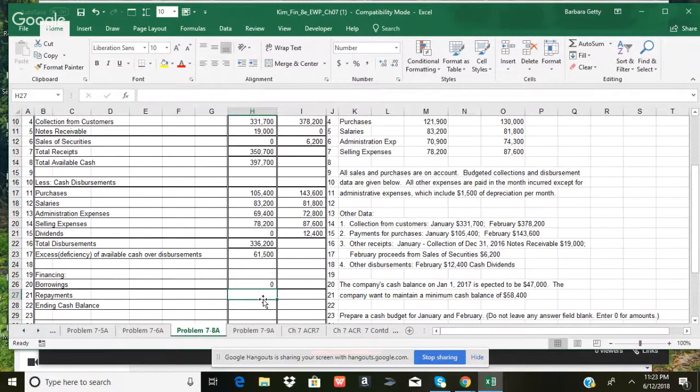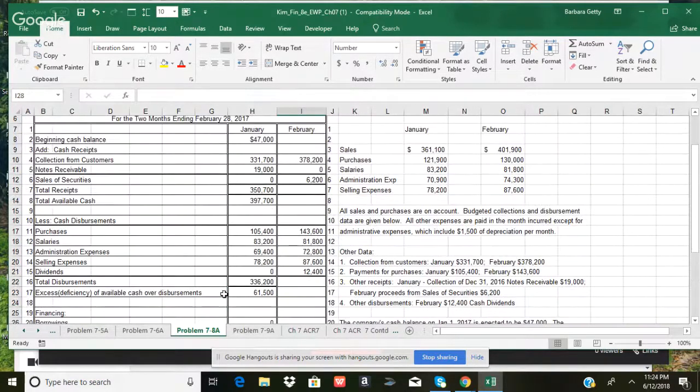We don't have any repayments, so we'll put 0 in there. And so our ending cash balance, I'm going to put a line there. Our ending cash balance will be $61,500. Okay, so this is our ending cash balance for January.